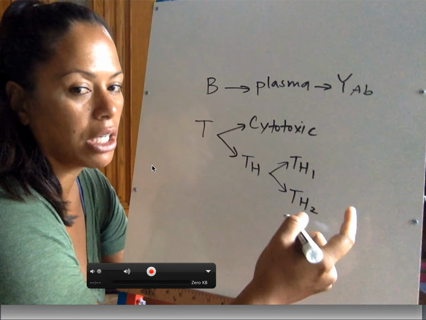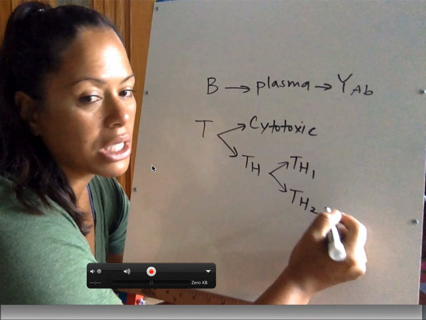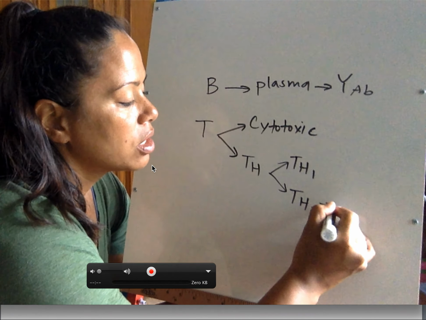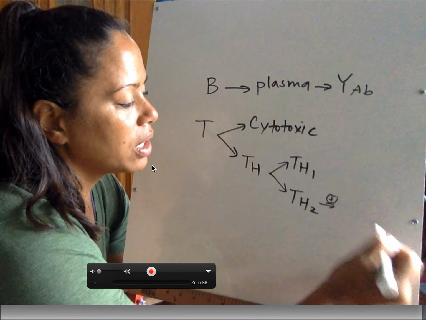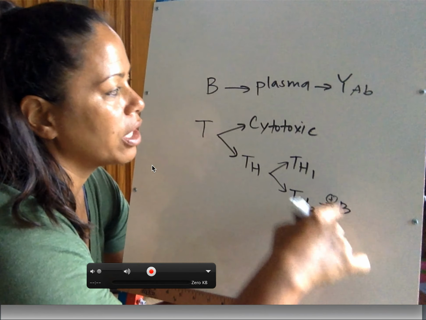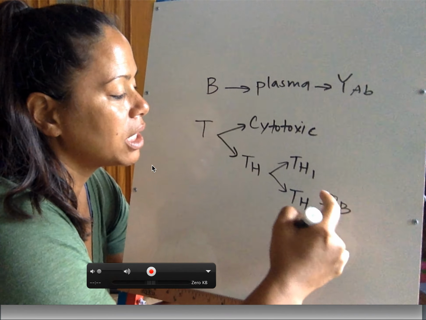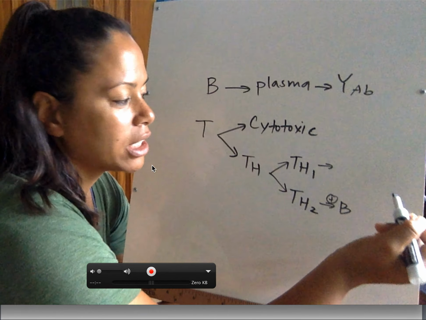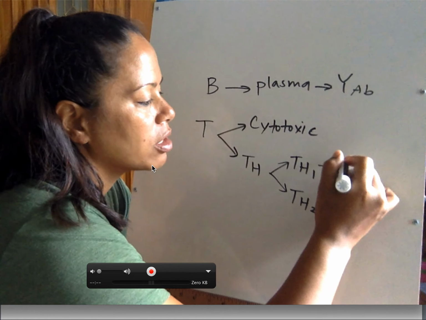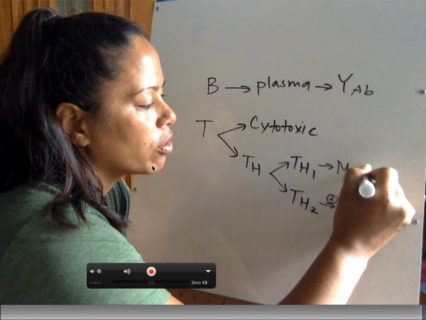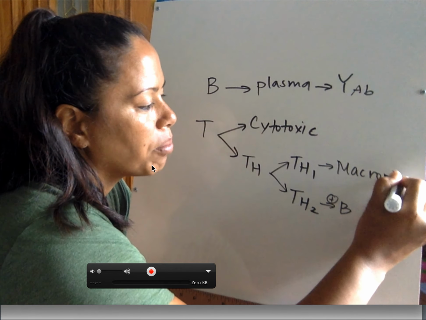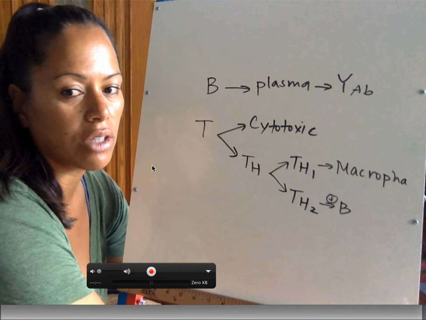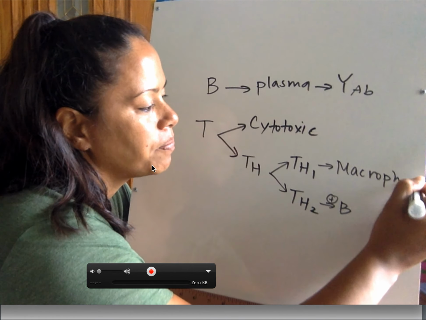So for class, we're keeping it as simple as possible. 2 was the second letter in the alphabet, B. So Th2 positively stimulates B cells to differentiate into plasma cells. What about Th1? Well, Th1, I need one big fella to help me out. So they stimulate monocytes and they encourage macrophages to participate in destruction of the foreign substance that's coming in.